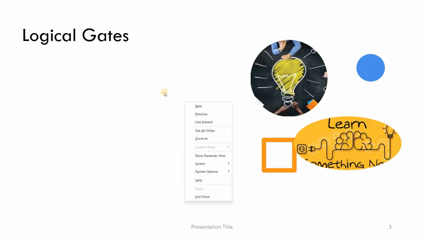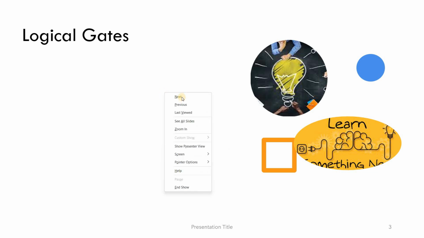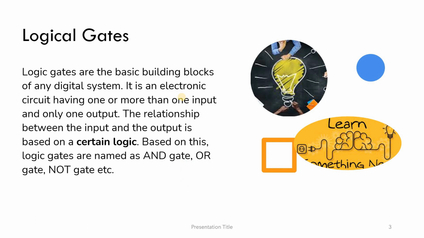First of all, we need to know the definition of logic gates. When we are using the computer circuit system, we need the digital circuit because all of the data transmissions go through the digital circuit. As I mentioned in the previous videos, the computer system works based on input, process and output.